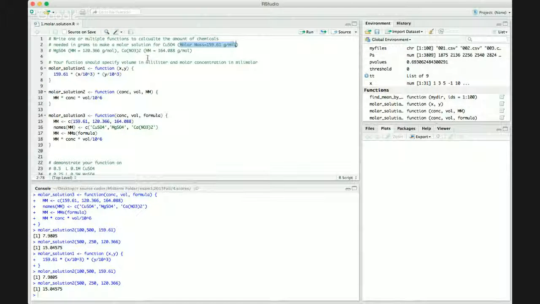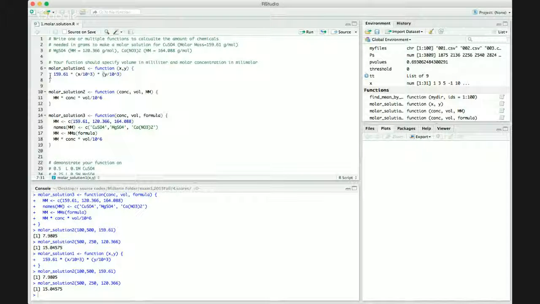So first we had to write a function which specified volume in milliliter and molar concentration in millimolar. So here I have my first function, which is just molar solution 1. And here it's a very basic function. It's function xy.